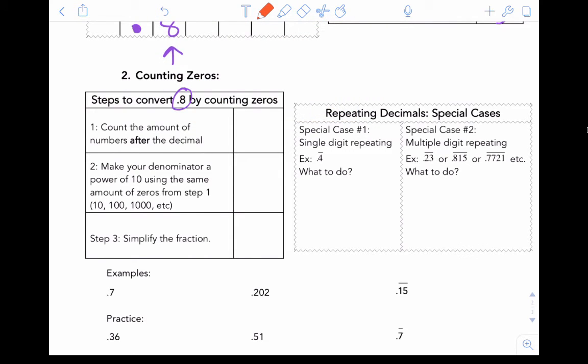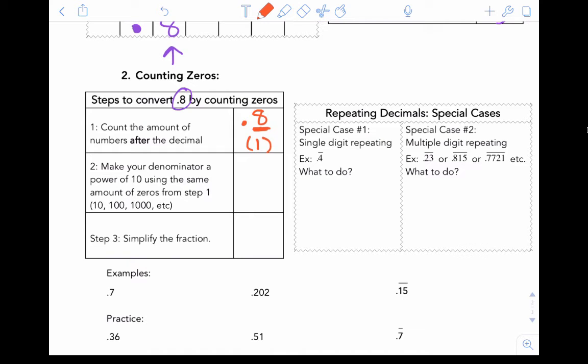The first step is to count the amount of numbers after the decimal. If I have 0.8, there's only one number after the decimal. So the second step tells me that I'm going to have 1 zero in my denominator.